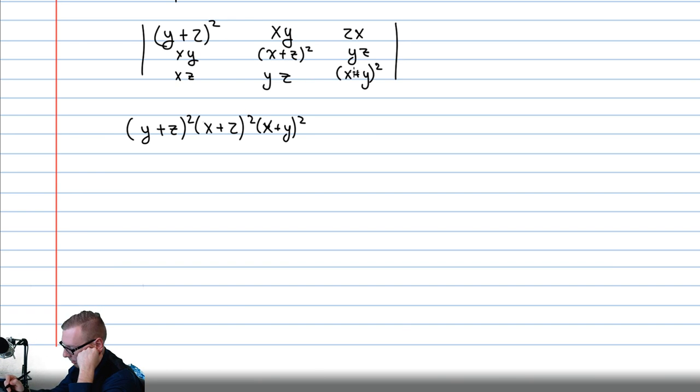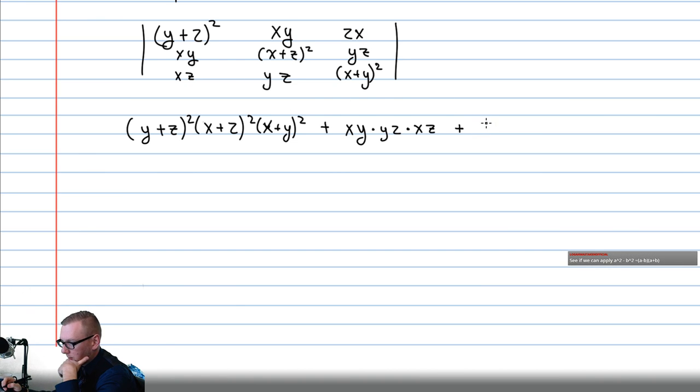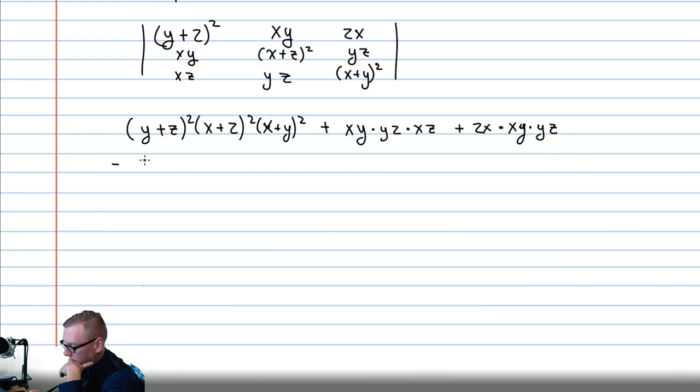So I tell you what, I'm gonna multiply this out here, xy, zx times. Possibly, that would be a convenient thing. xy, yz, and then subtract.